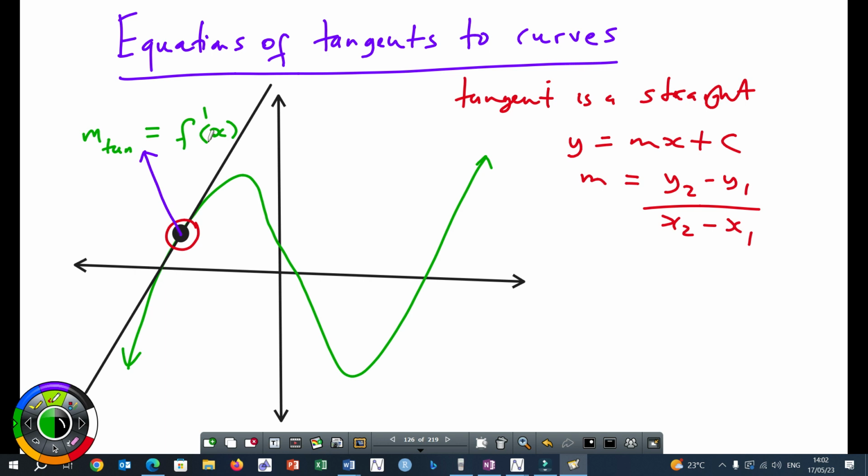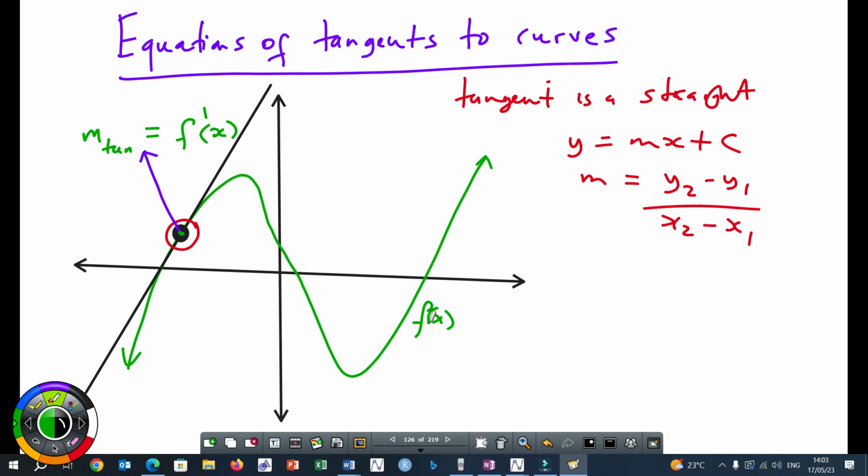So the gradient of a tangent is equal to the first derivative of a cubic function or of any curve at the point of what? Contact. Only at the point of contact. So the x value and the y value at this point, for both the tangent and the curve, in this case we call it f of x, will be equivalent.